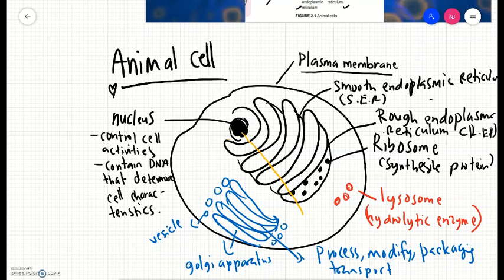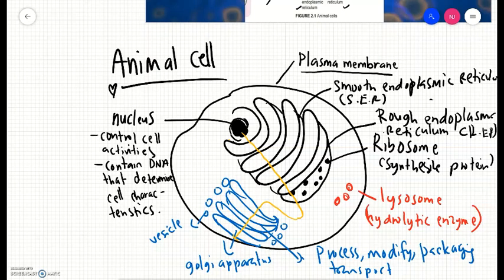Since the function of the smooth endoplasmic reticulum and rough endoplasmic reticulum is to transport, it then goes to the Golgi apparatus to be transferred out from the cell. Before it's transferred out, it will undergo a process of modification, packaging, and transport towards outside the cell.